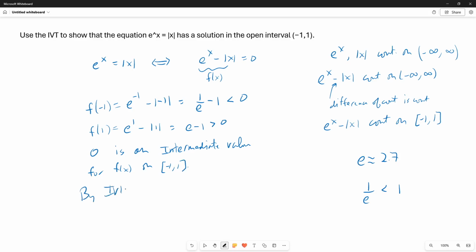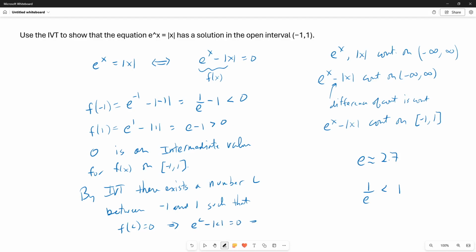So by the intermediate value theorem, there exists a number c between -1 and 1 such that f of c is equal to 0, which is the same as saying that e to the c minus the absolute value of c is equal to 0, which is the same as saying that e to the c is equal to the absolute value of c.